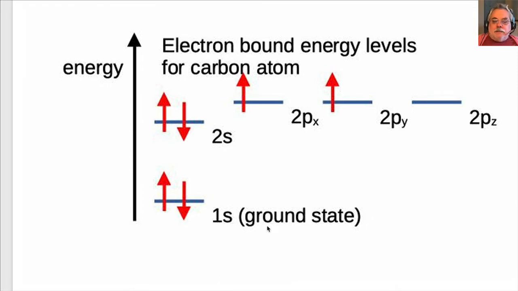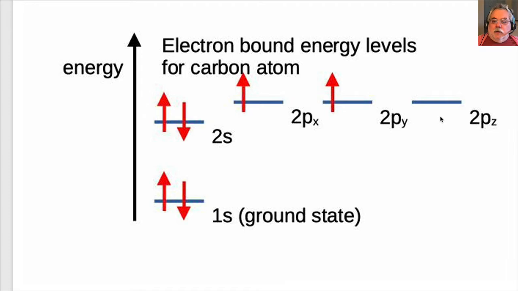The 1s ground state and the 2s state are each occupied by 2 electrons of opposite spin. One spin up, one spin down. 2 of the 2p states are occupied by a single electron, which we're showing as spin up. You see that there are 6 electrons. 1, 2, 3, 4, 5, 6.